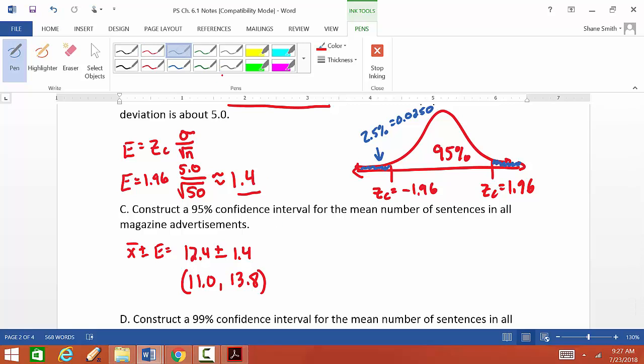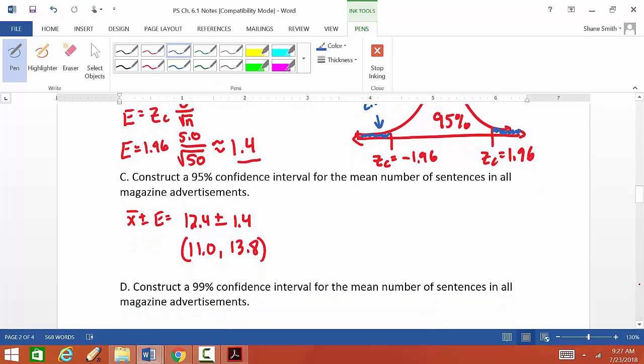And we do need to write this in a complete sentence to interpret it. So what is this interval?